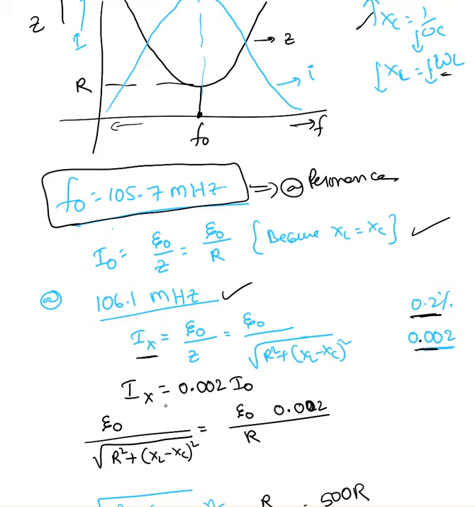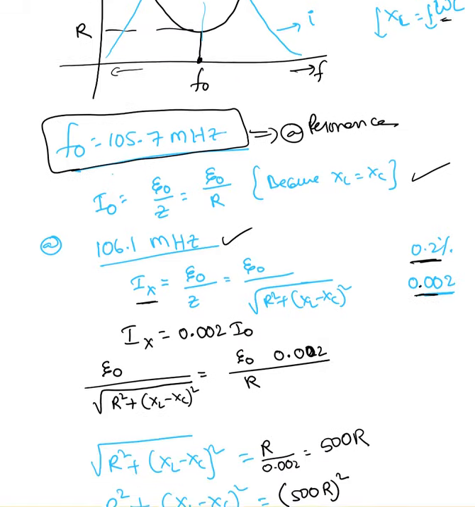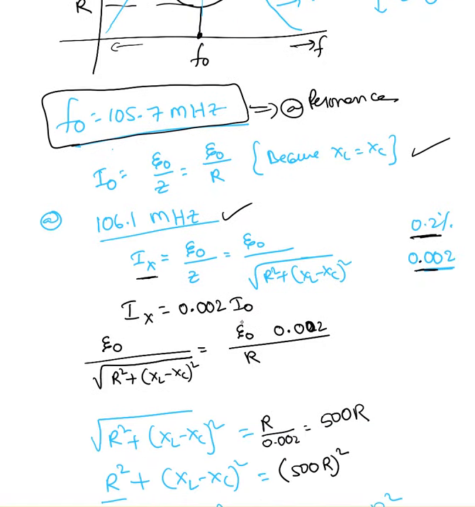So Ix must be only 0.002 times I naught, where I naught is the maximum current. Ix is E naught over square root of R squared plus (XL minus XC) squared, and I naught is E naught over R. So I substituted it here.